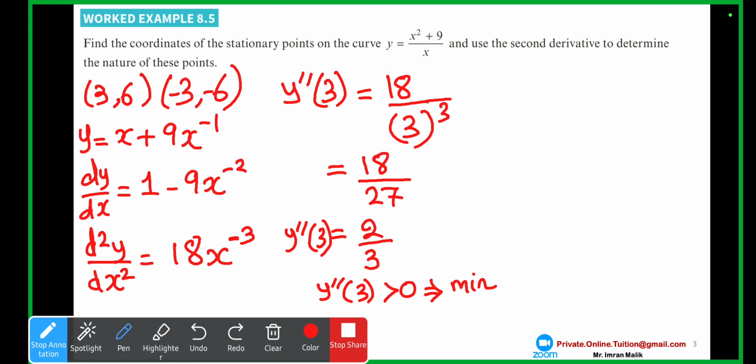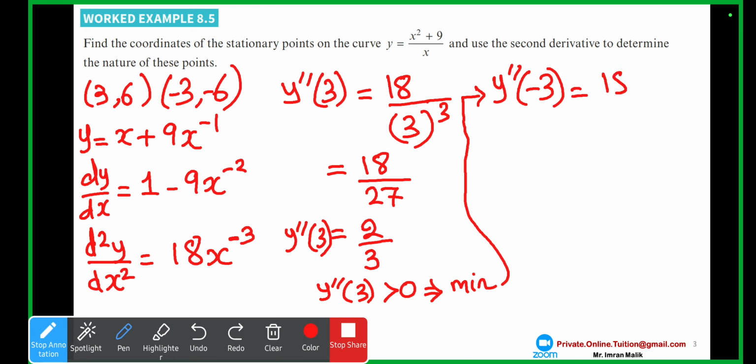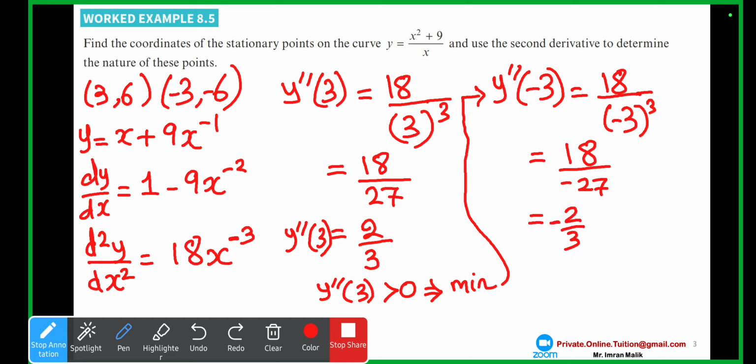Right, let's do the second one in the same way. y double prime at negative 3 is equal to 18 over negative 3 to the power 3, and this time it is going to be 18 over negative 27, and when we simplify this, it turns out to be negative 2 over 3.